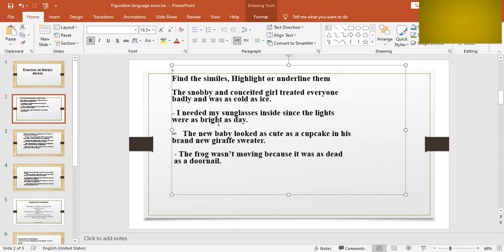I needed my sunglasses inside since the lights were as bright as day. Electric lights were as bright as day, which means the lights were very strong. Okay, that she needs sunglasses.